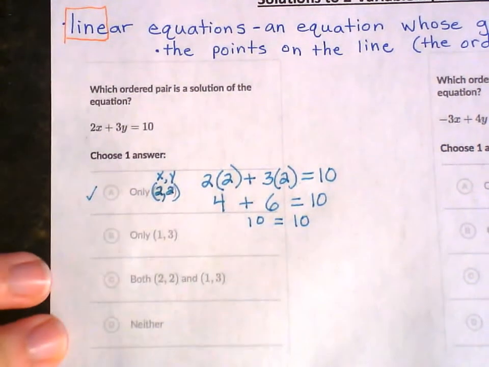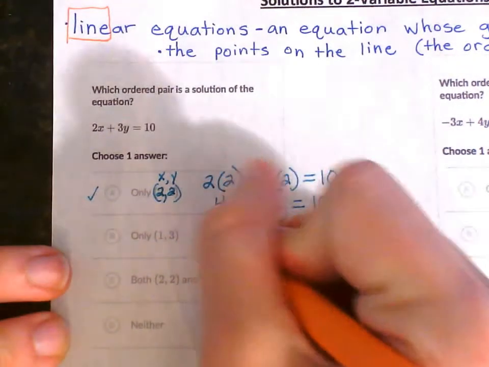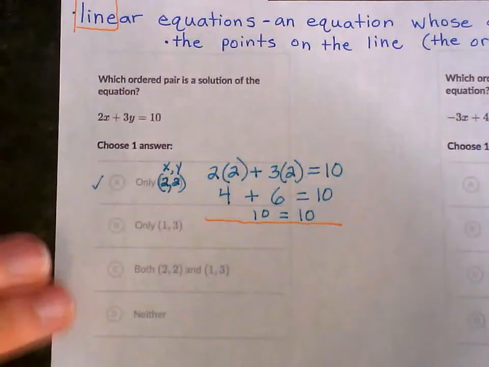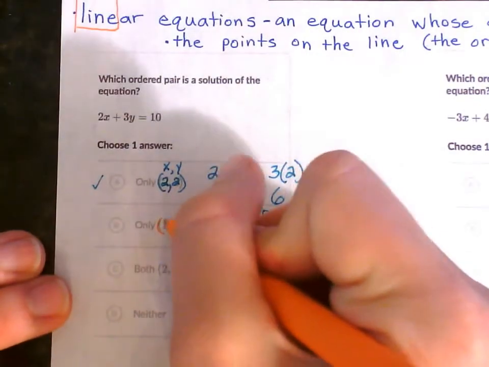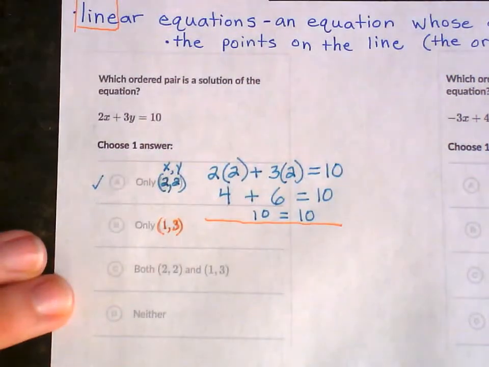Now let's see if 1, 3 is a solution as well. I'm going to use a new color just for visual sake. 1 is our x, 3 is our y.